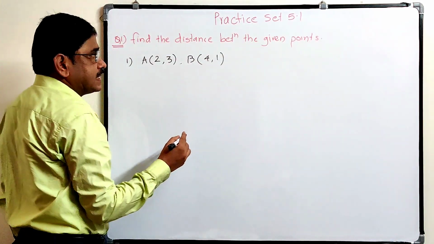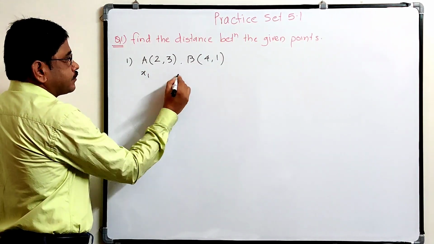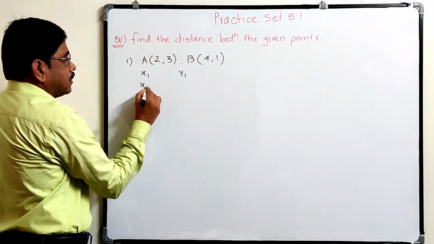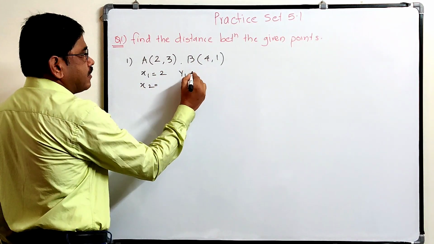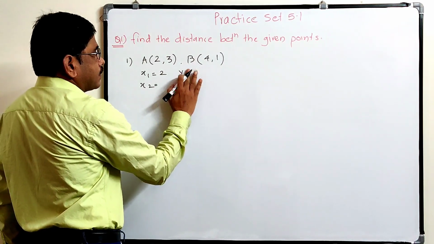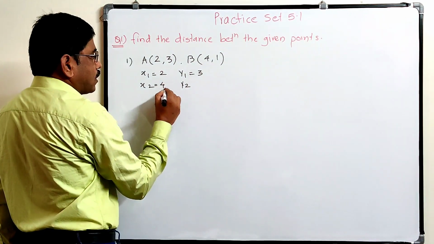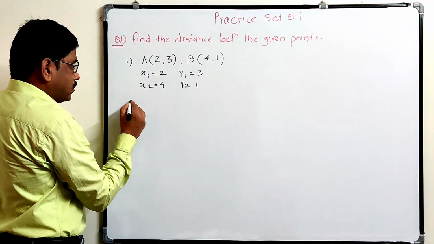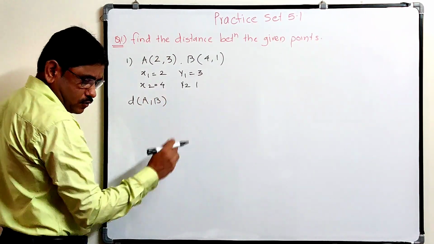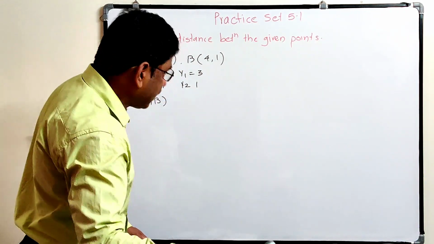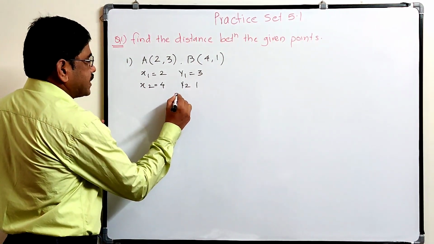So here first write that x1, y1, x2, y2. So x1 is 2, y1 is 3. Here x2 is 4, y2 is 1. Now distance AB by distance formula. So which formula is used?